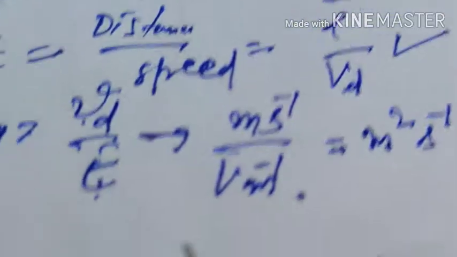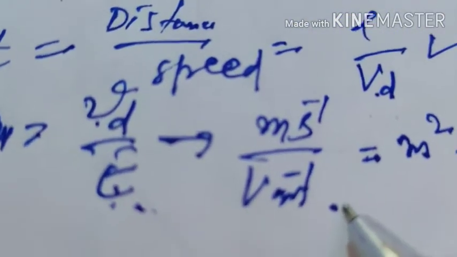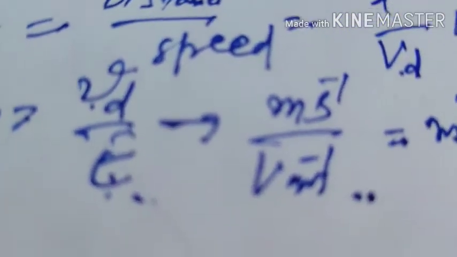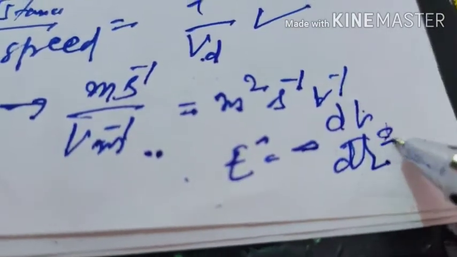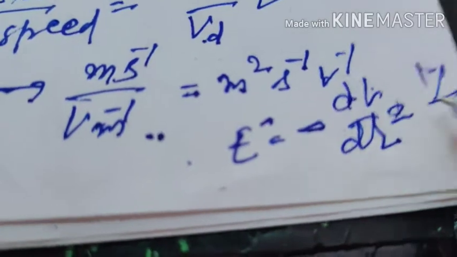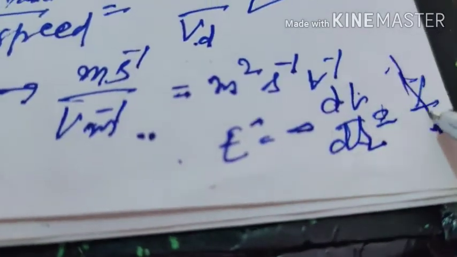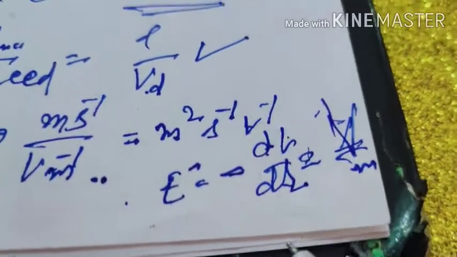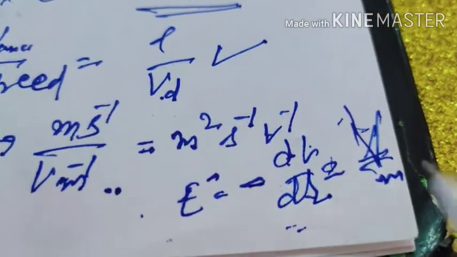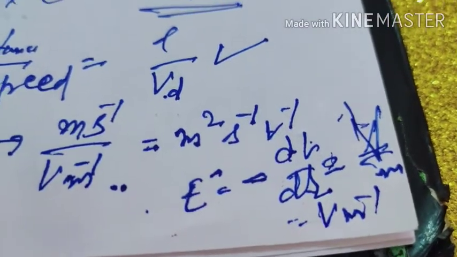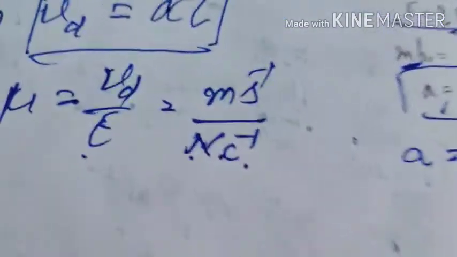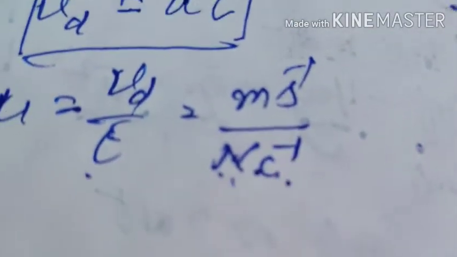Again, here why I have used volt per meter, because E is minus dV by dr. Electric field is negative gradient of electric potential. For potential it is volt, for length it is meter. So volt per meter is there. So you can use both the units. Here I am going to use Newton per coulomb.